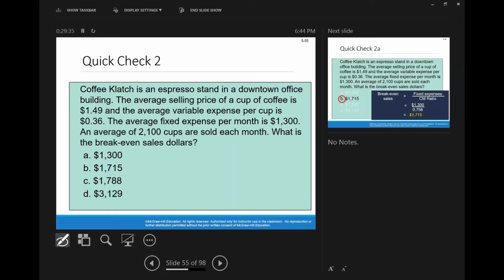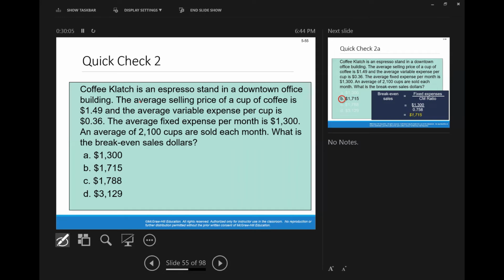Remember, the fixed expenses are 1,300, and we can divide that by the contribution margin ratio. We did the contribution margin ratio earlier: 1.49 minus 36 cents gives me 1.13. And we divide that by the 1.49, and that gave us that ratio of 0.758. Remember when we did that earlier on this example?